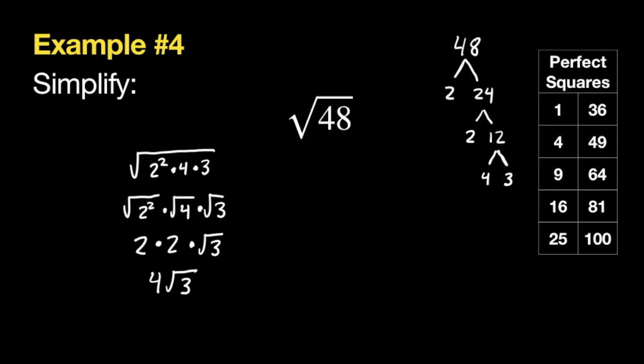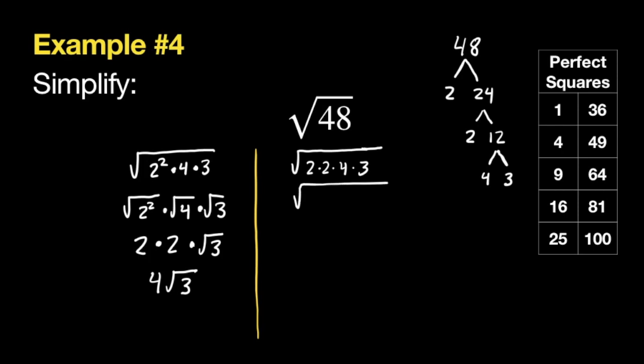The other way to solve this problem is by combining some of the terms that we already have. So we have 2 times 2 times 4 times 3. So we can multiply 2 times 2, which is 4, times 4, and that gives us 16 times 3.